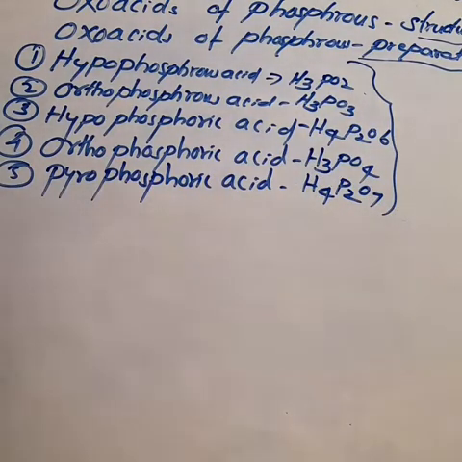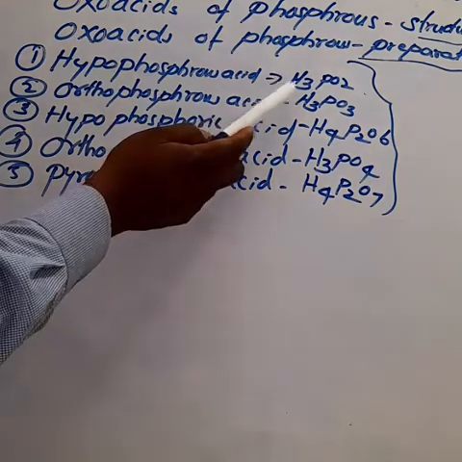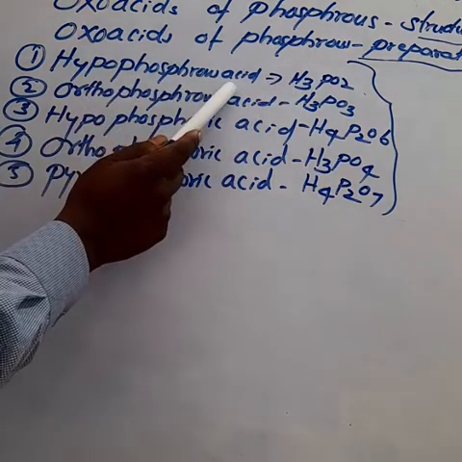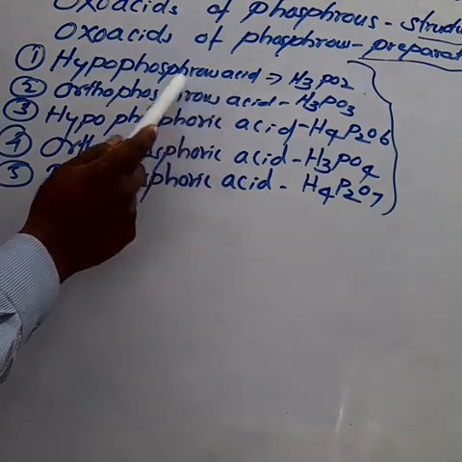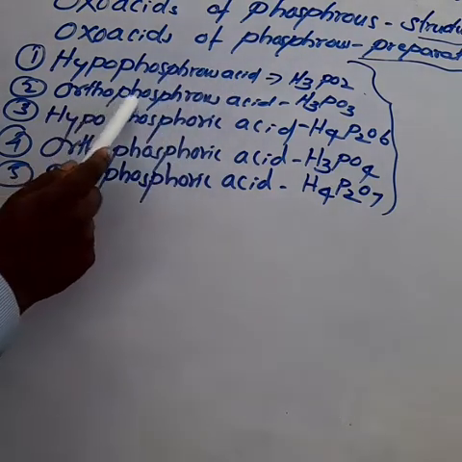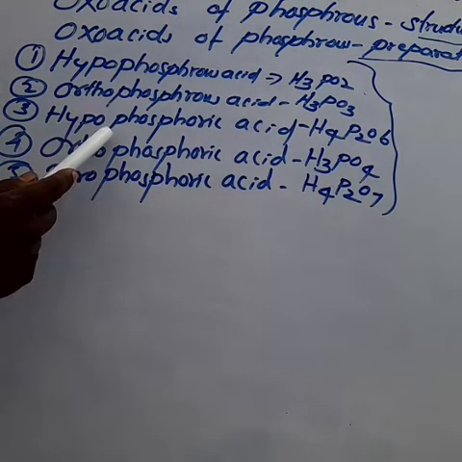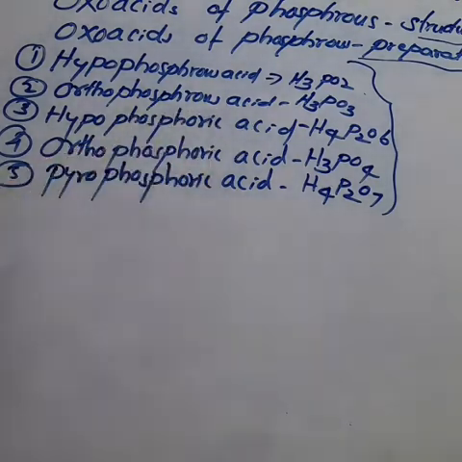5 different formulas. One is hypophosphorus acid. Second one is orthophosphorus acid. The third one, hypophosphoric acid. Fourth one, orthophosphoric acid.